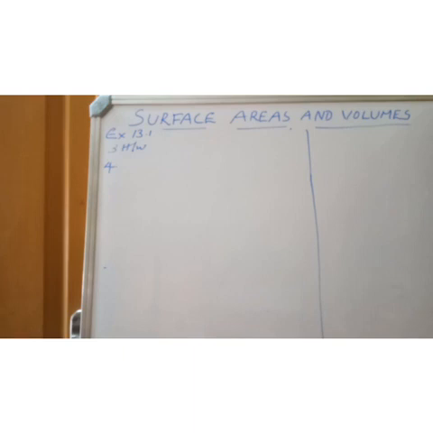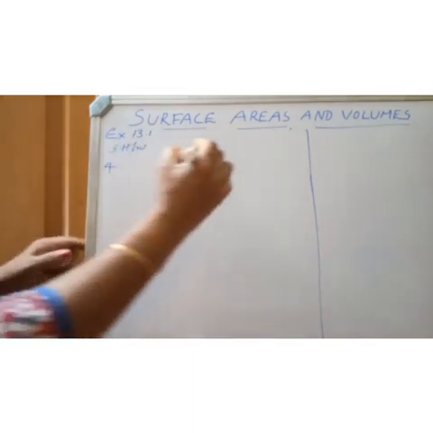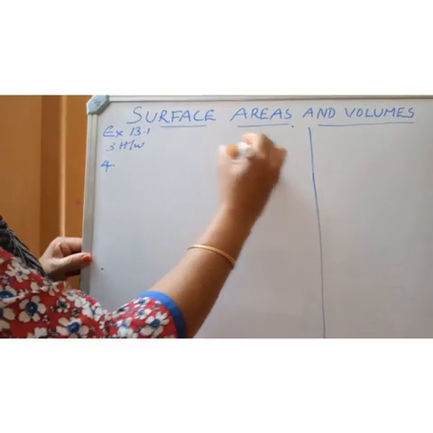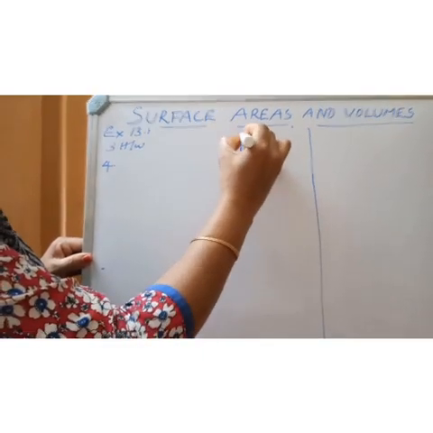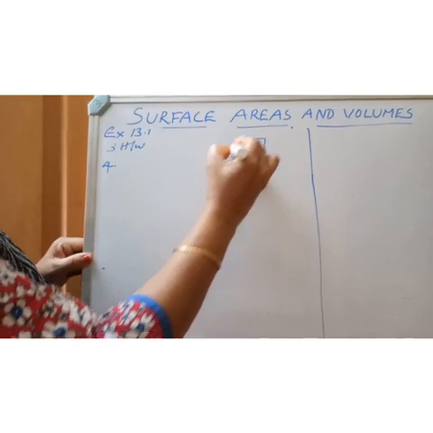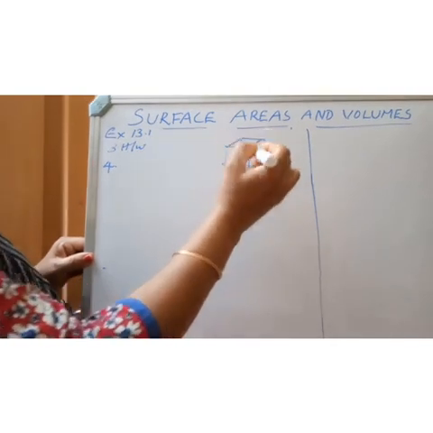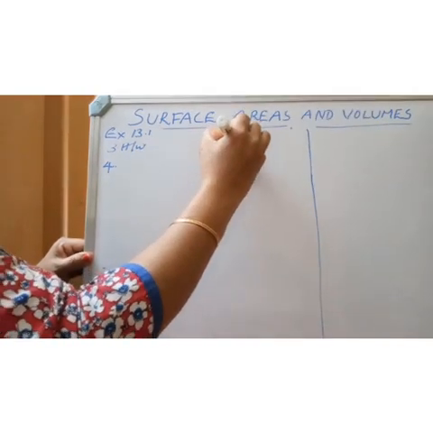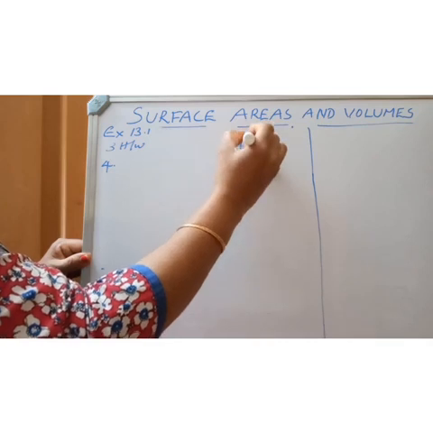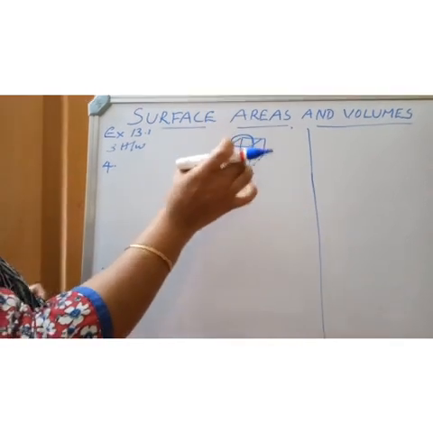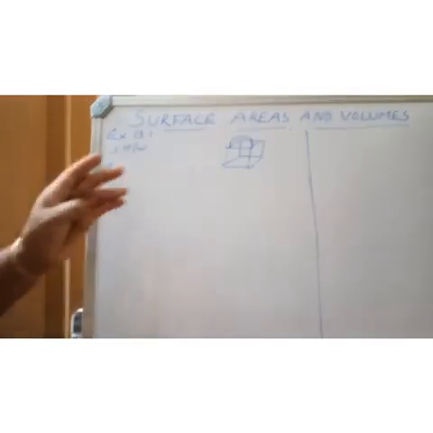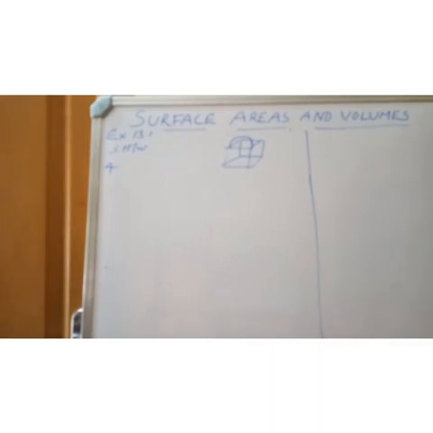So they are given a cubical block of side. We are having a cube. It is surmounted by a hemisphere. Okay, so a cube. Above that, it is surmounted by a hemisphere.